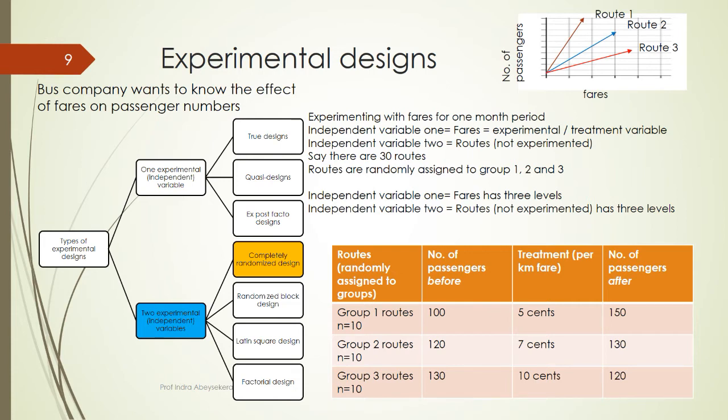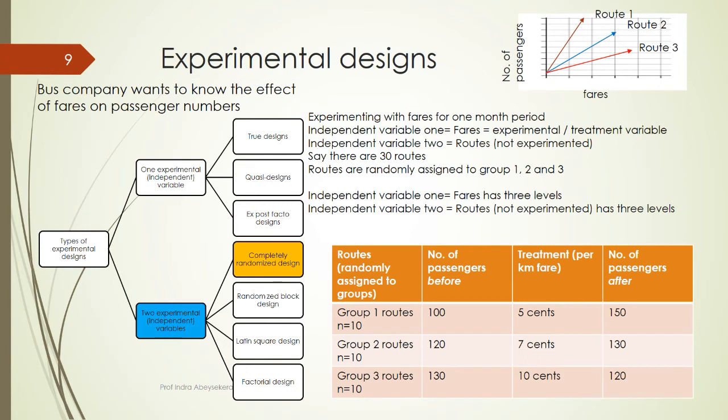So in completely randomized design, there are 2 independent variables. In this example, there are fares and routes. The experimental variable here are the fares. What we want to know is the influence of fares on the passenger numbers.